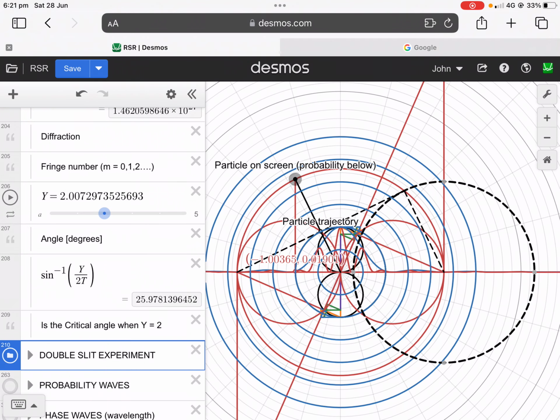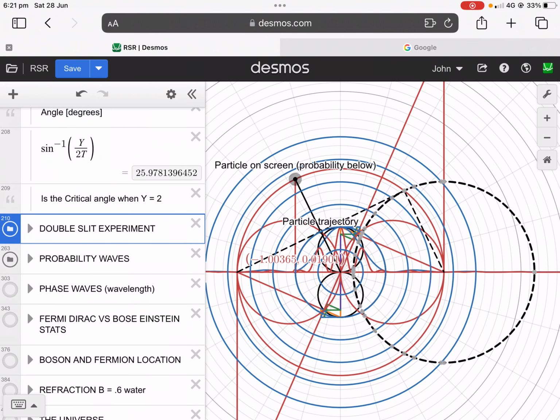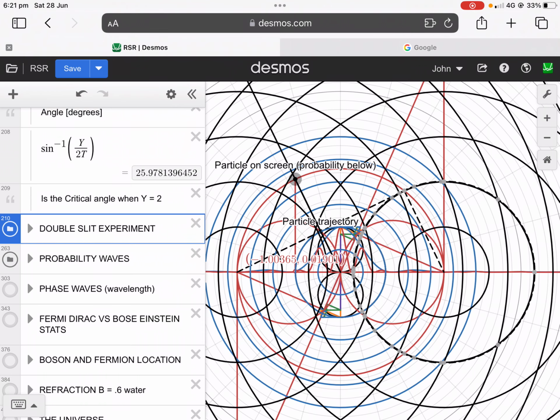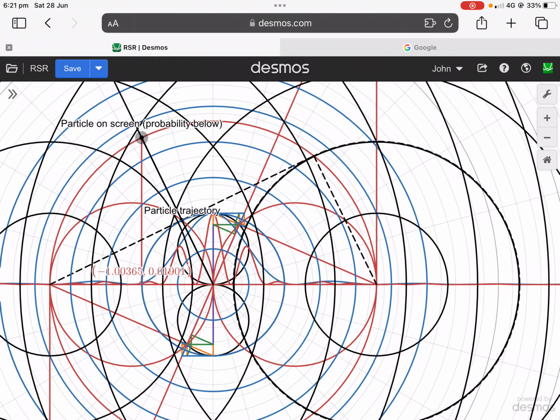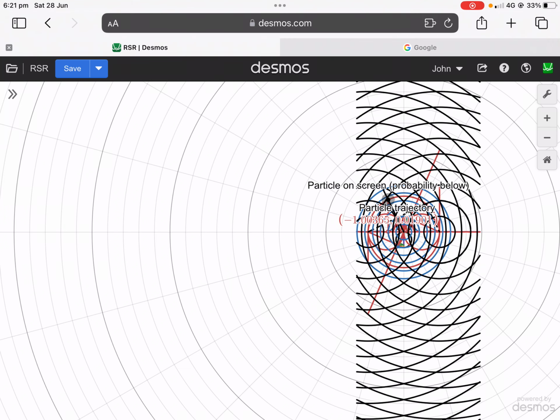Now notice this is the normal way of figuring it out with the probability wave. So there's the probability wave, and in the near field it doesn't look quite right, but in the far field it turns out to be correct.